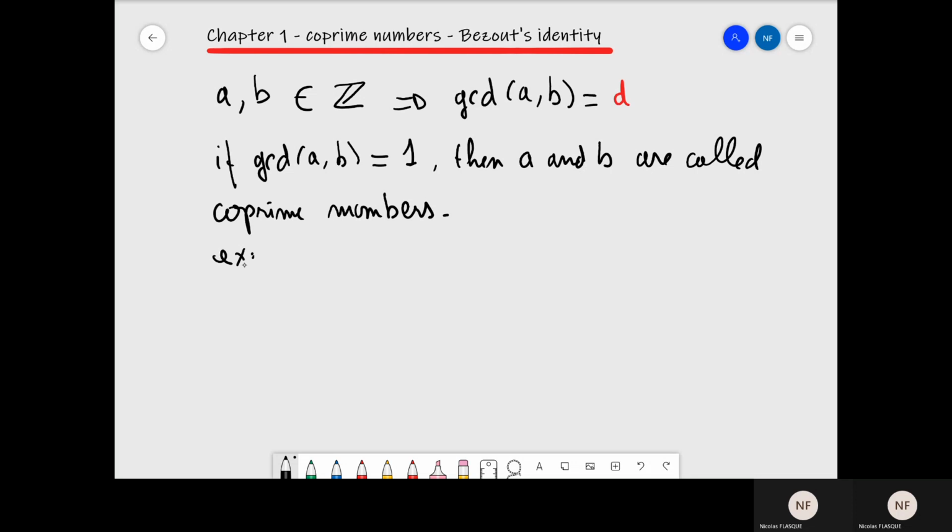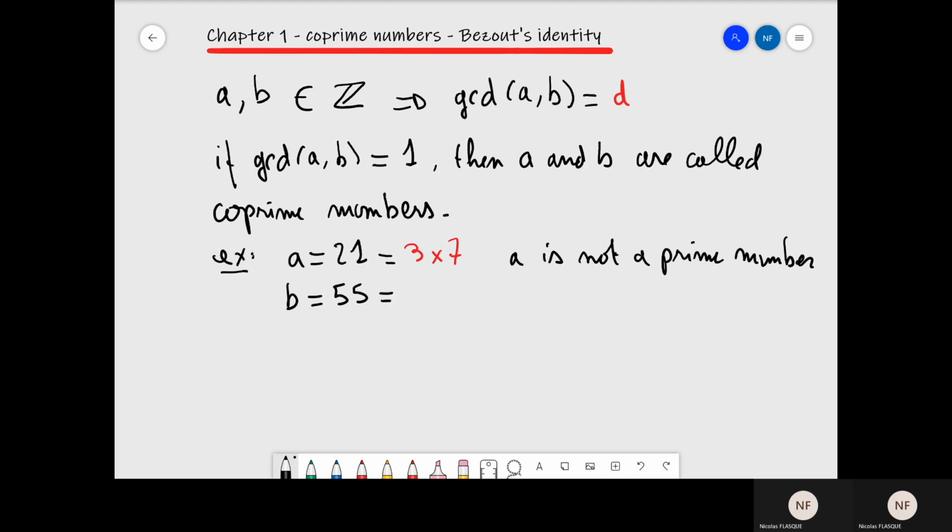For example, let's take two numbers, a equal to 21. Actually, it's equal to 3 times 7, so a is not a prime number because it has divisors 1, 3, 7, and 21. Let b be equal to 55. 55 is 5 times 11, so b is not a prime number.